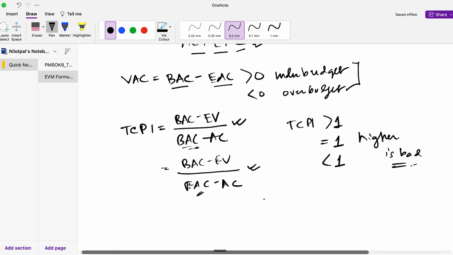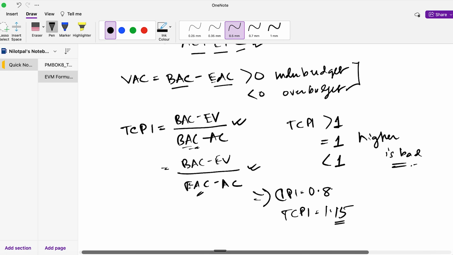Now let's take an example just to understand how this TCPI is linked to actual project scenarios. Say a project scenario is given where your CPI is 0.8 and your TCPI is 1.15. What does it mean? It means that today, if you have to complete the project within your budget, you need to earn 1.15 pounds per £1 spent.